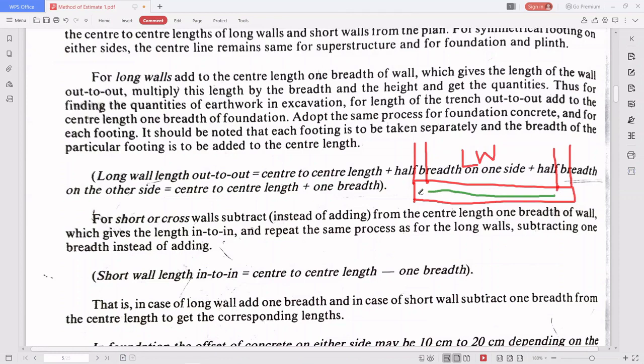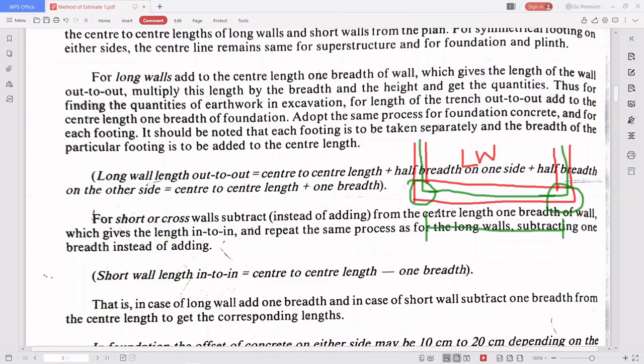What we need is the out to out distance. So here they are taking the distance of this, plus half of the distance of here, plus half of the distance of here: center to center length plus half breadth of one side plus half breadth of the other side. This is the way we are taking in the long wall method.